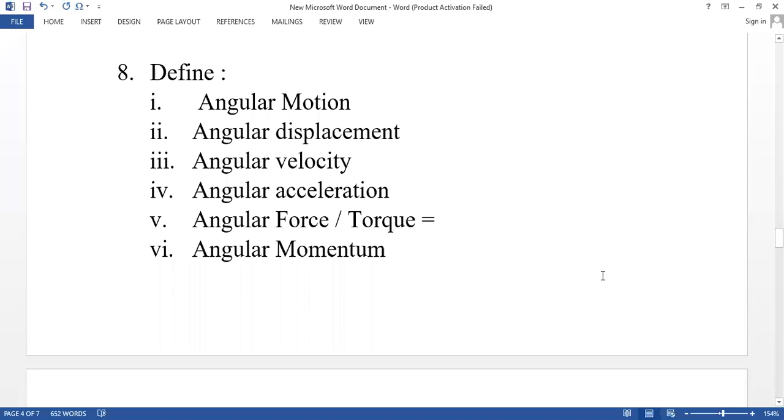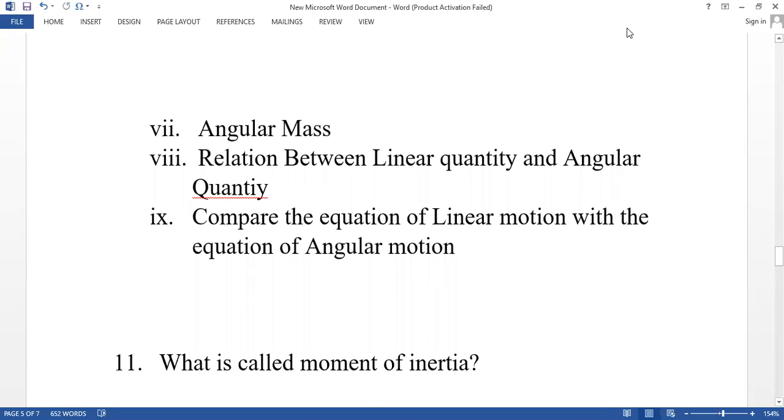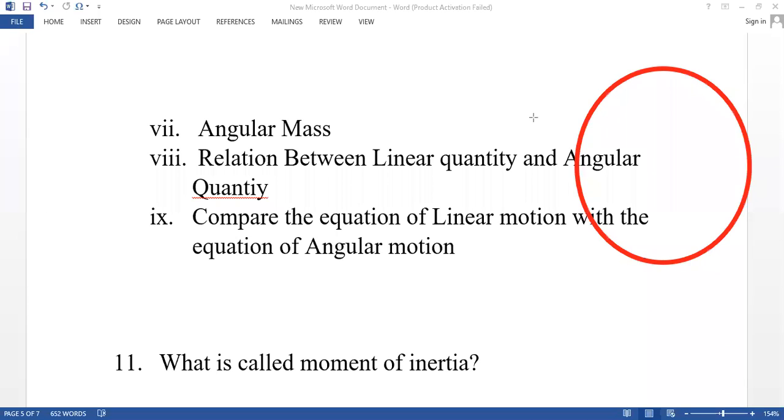Angular mass. What is this thing? Mass is of two types: linear mass and angular mass. You may feel very astonished hearing the term angular. Yes, it is a different mass. When a body rotates in a circular path, your mass will be changed. But in class 1, 2, 3, 4, 6, you learned that mass always remains constant, like 10 kg mass.